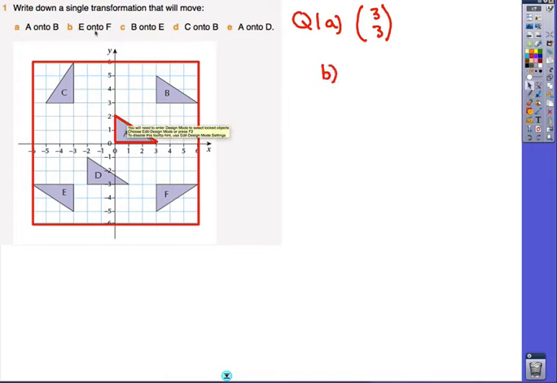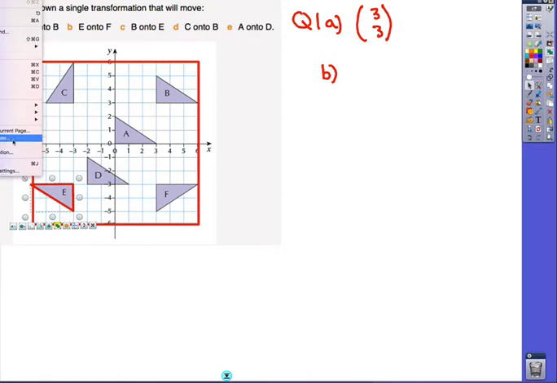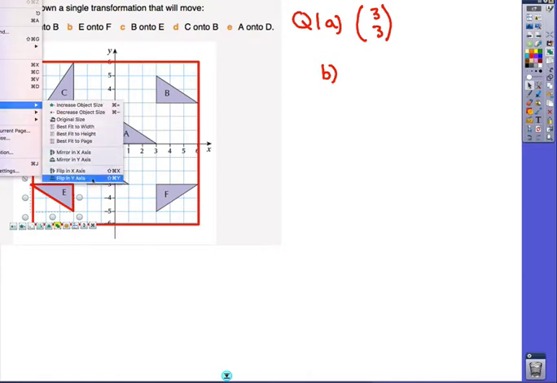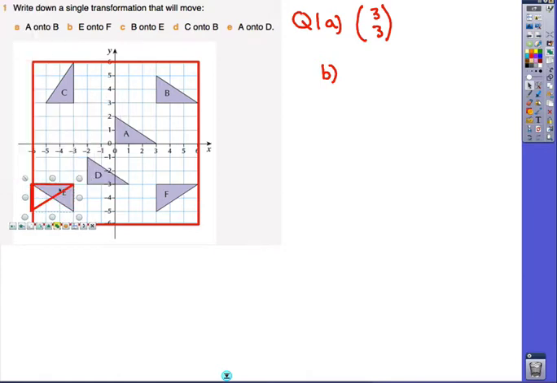1B is E onto F. So our triangle E is here, and the type of transformation is a reflection, because if we translate it, it doesn't fit onto F. And just a quick check, we're going to flip on the y-axis, and does it move to F?